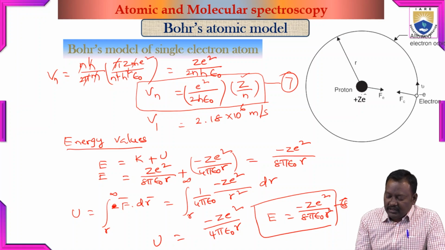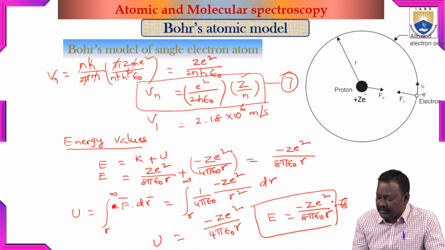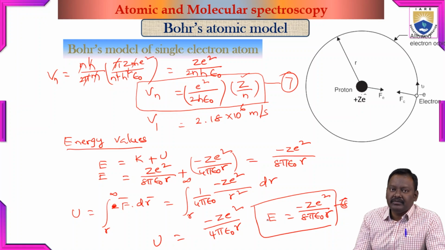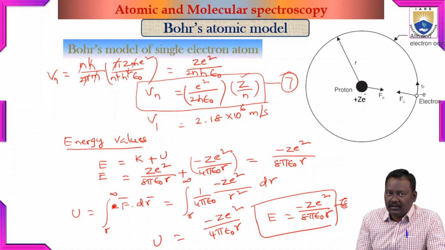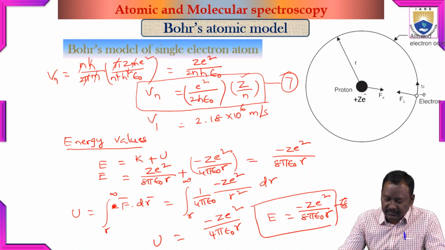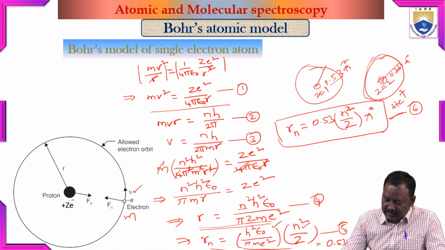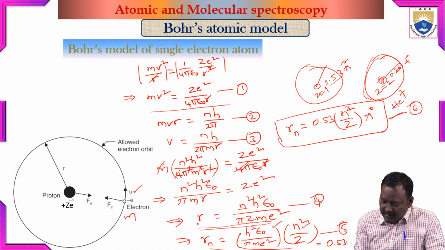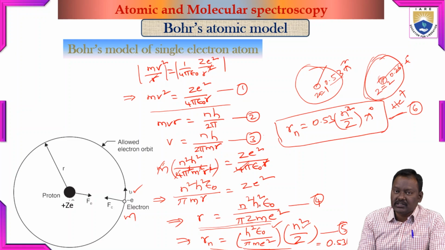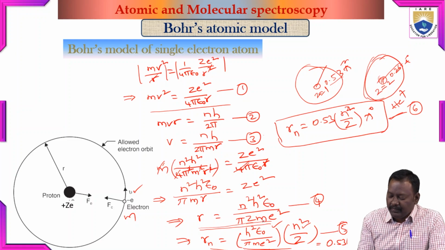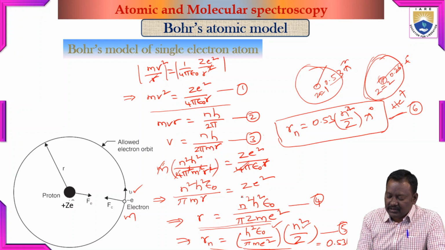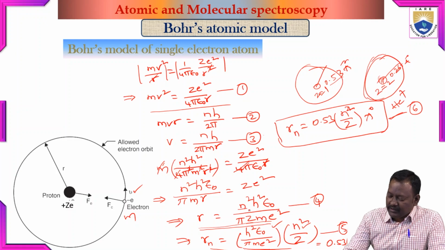We can substitute the value of r obtained from the earlier equation, which you can see in the earlier slide: r is given by n square h square epsilon naught by pi z mu square. Substitute this value in the equation of energy.